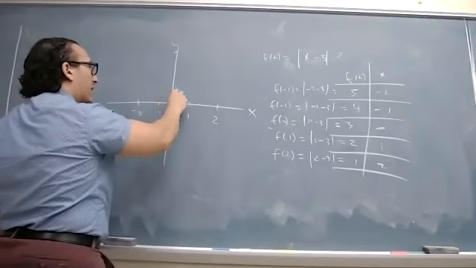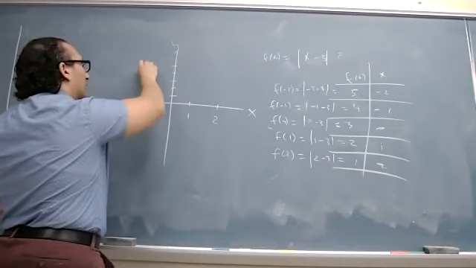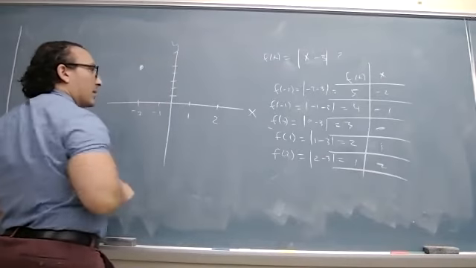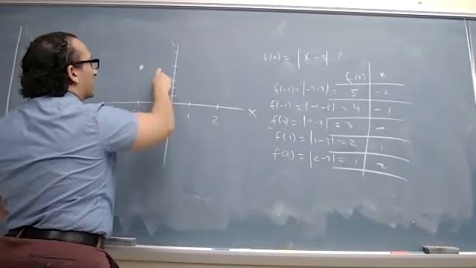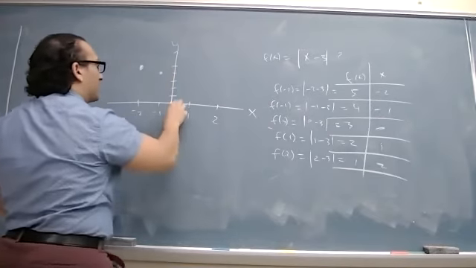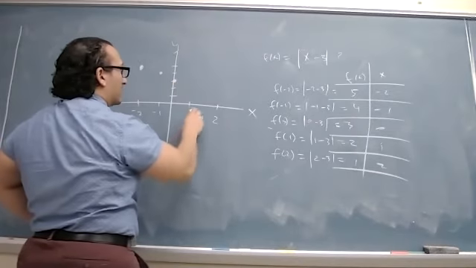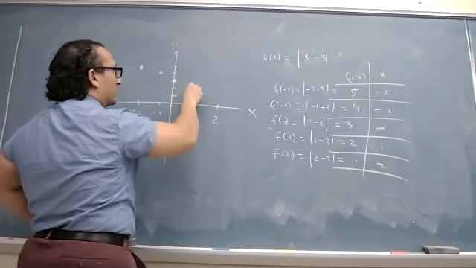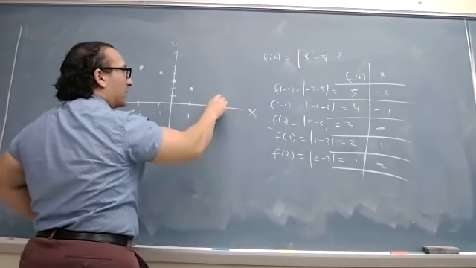I'll find positive 5. 1, 2, 3, 4, 5. Negative 2, positive 5, put a dot. Negative 1, I see a positive 4. Negative 1, positive 4, I put a dot. 0, I see a positive 3. I go to here, I put a dot. 1, I see a positive 2. I go to 1, I put a 2, put a dot. I go to 2, I see a positive 1 right here, I put a dot.